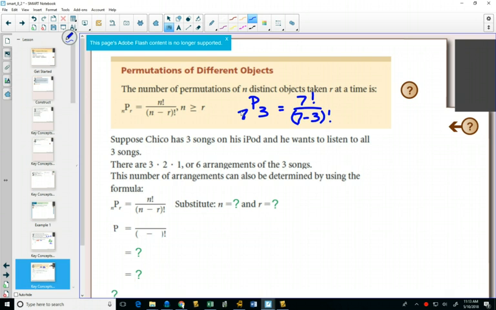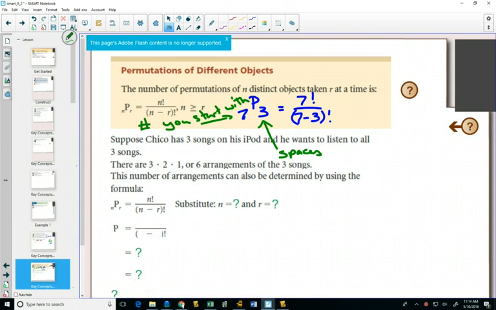So the 3 here, if we think about our fundamental counting principle, that number represents how many spaces you have, and the 7 is always the number that you start with and go down by 1 each time.